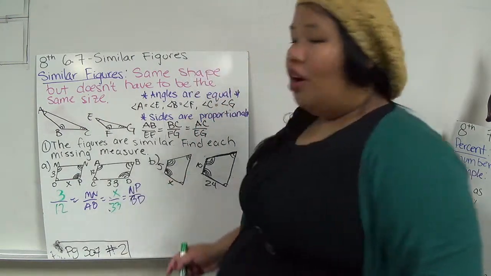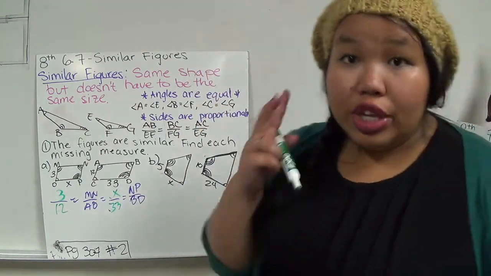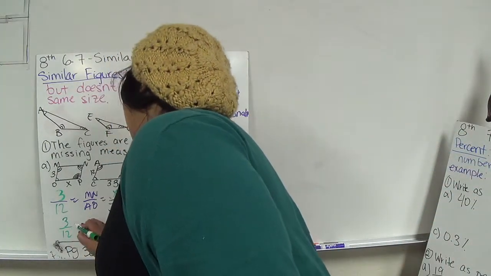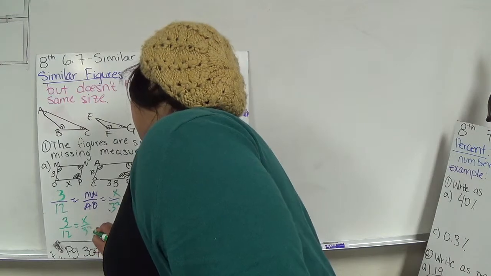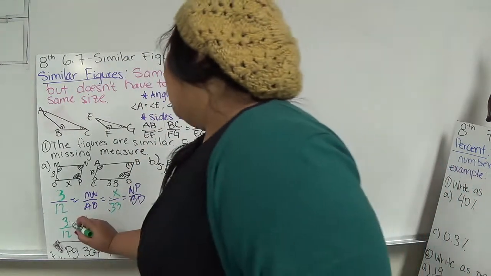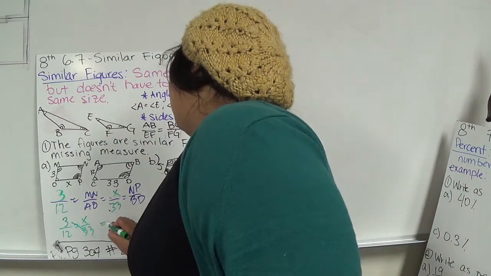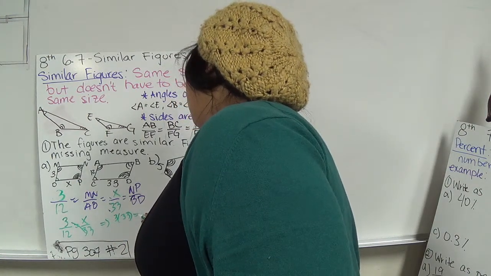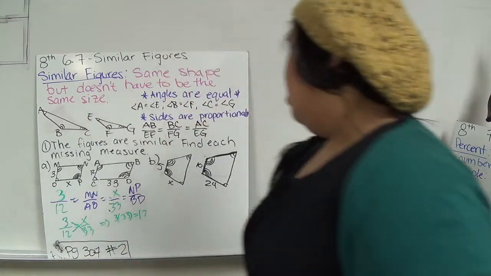In order for me to solve equal fractions, I only need 2 fractions, okay? So I'm going to take the 2 fractions it's given me and ignore the rest. So 3 times 33 equals 12x.